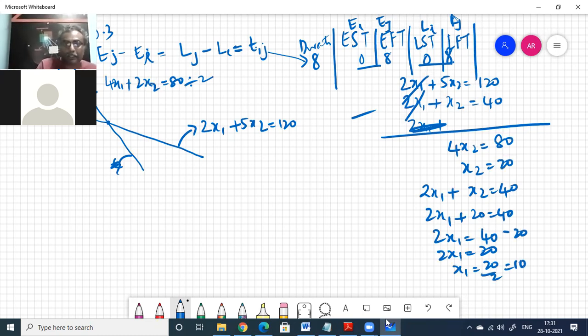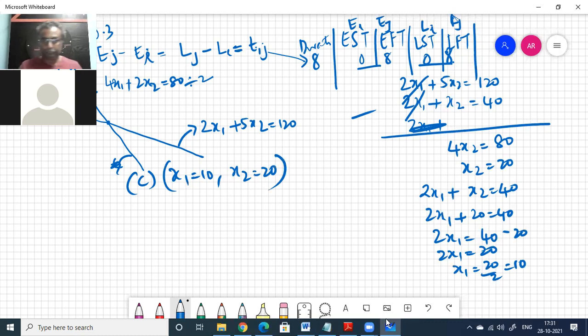Okay, so x1 equal to 10 and x2 is equal to 20. That is the intersecting point. C is the right answer then. This is which sum? 7th sum.